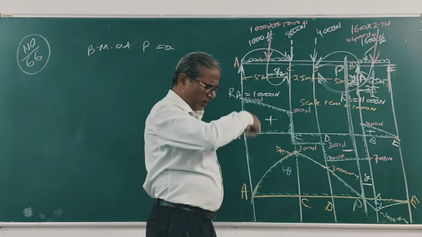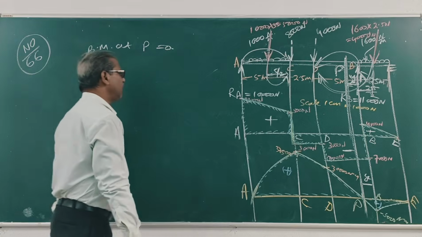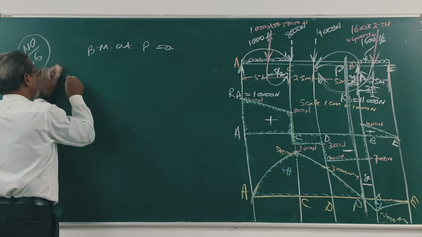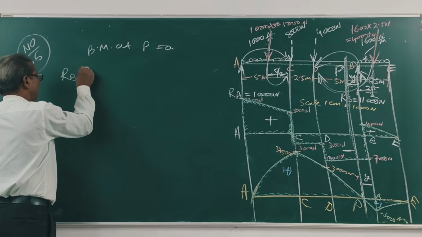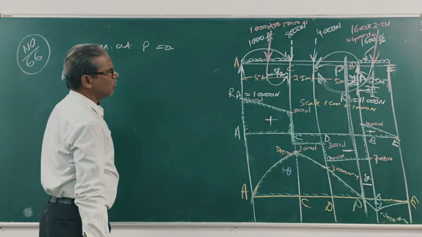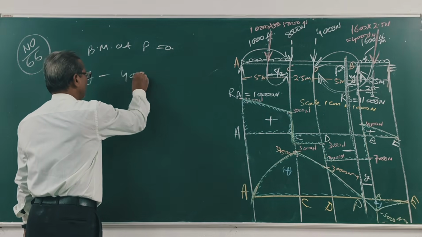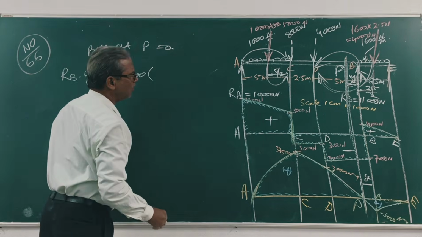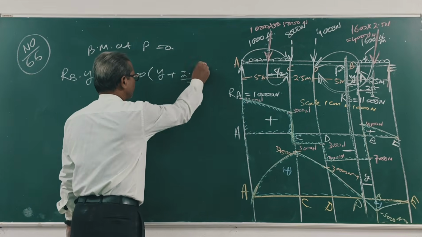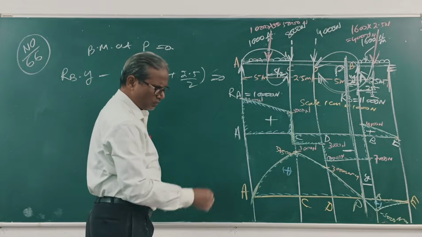So RB into Y minus 4,000 into (Y plus 2.5 by 2) is equal to 0. What is RB? 11,000 Newton.